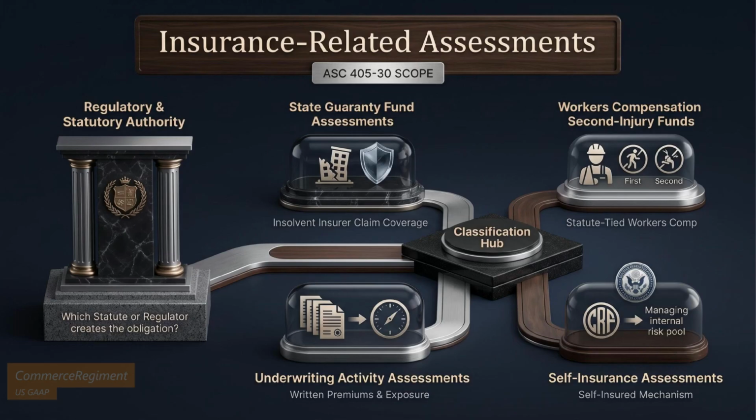Examples include state guarantee fund assessments when a licensed insurer becomes insolvent, workers' compensation second injury fund assessments, assessments based on underwriting activity, and regulatory mechanisms affecting self insured entities. The key point is that the obligation usually does not come from ordinary management preference. It comes from a statute, regulator, or legally enforceable assessment mechanism.